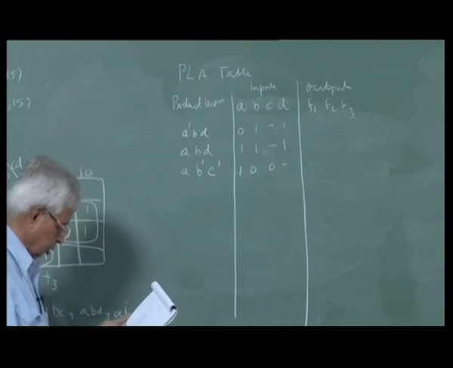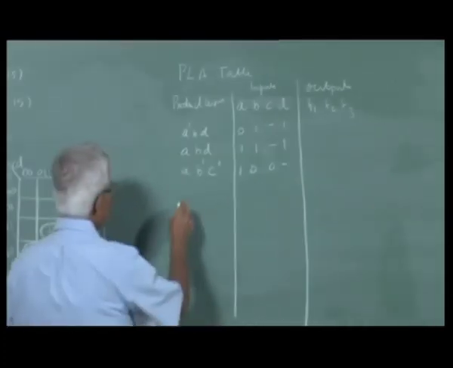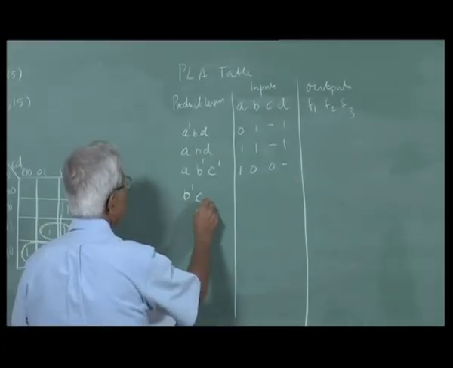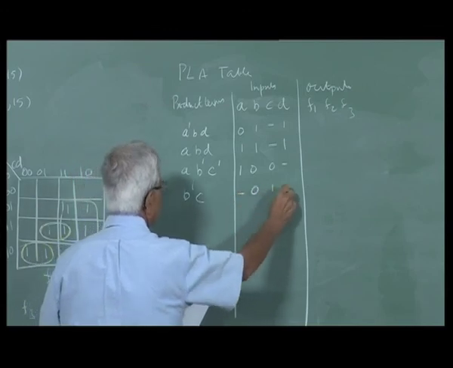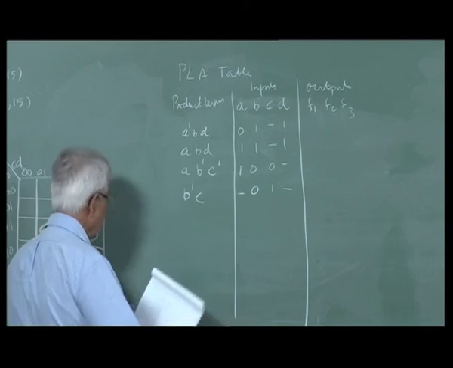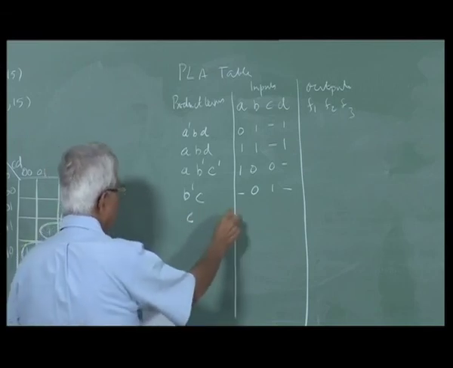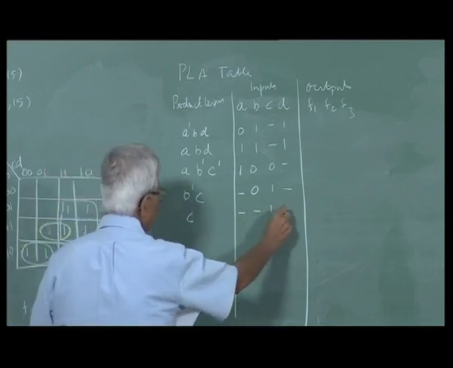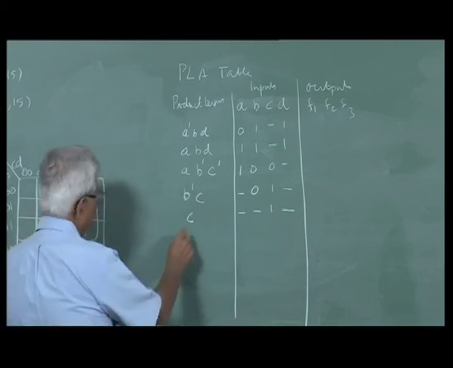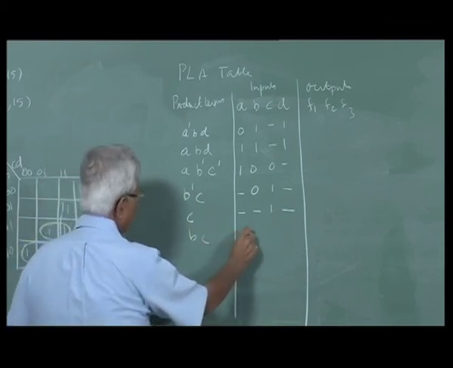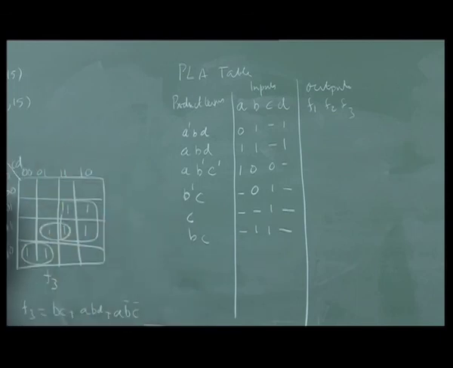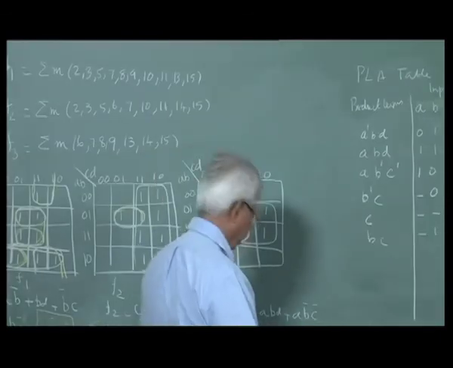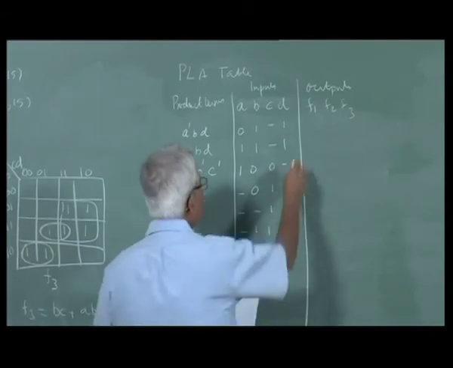Fourth product term is B bar C. Then C, B C. F1 has this.